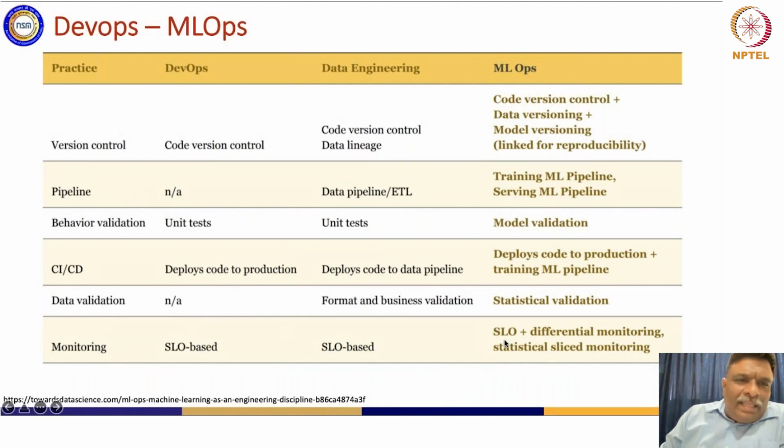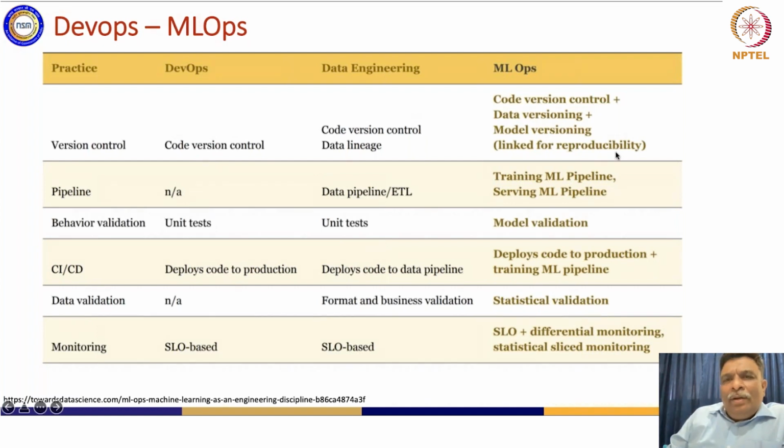Since people started developing this code version control in DevOps, because at that time it was only DevOps, you then had data lineage also linked to code version control.